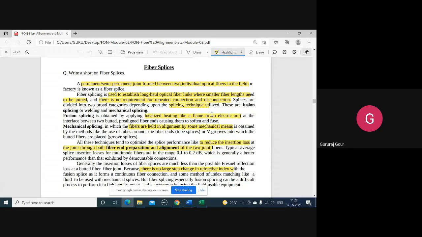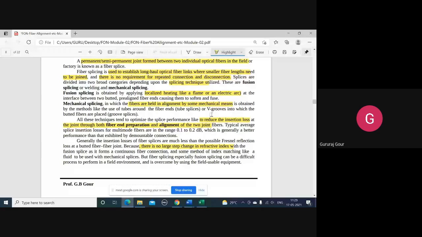It may be fusion splicing, where localized heating, coming either from a flame or from an electric arc, is used to pre-align the fiber ends, causing them to form a softened fused fiber joint.